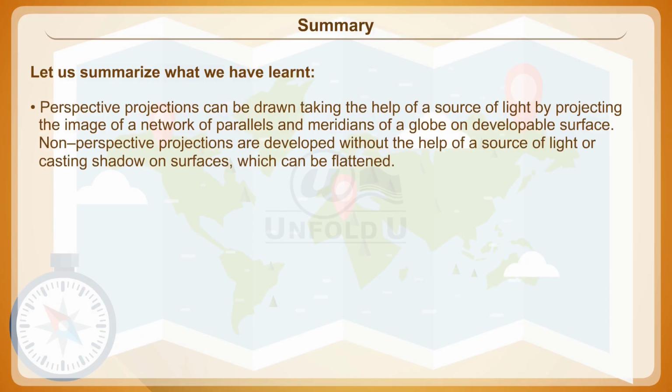Perspective projections can be drawn taking the help of a source of light by projecting the image of a network of parallels and meridians of a globe on a developable surface. Non-perspective projections are developed without the help of a source of light or casting shadow on surfaces which can be flattened.